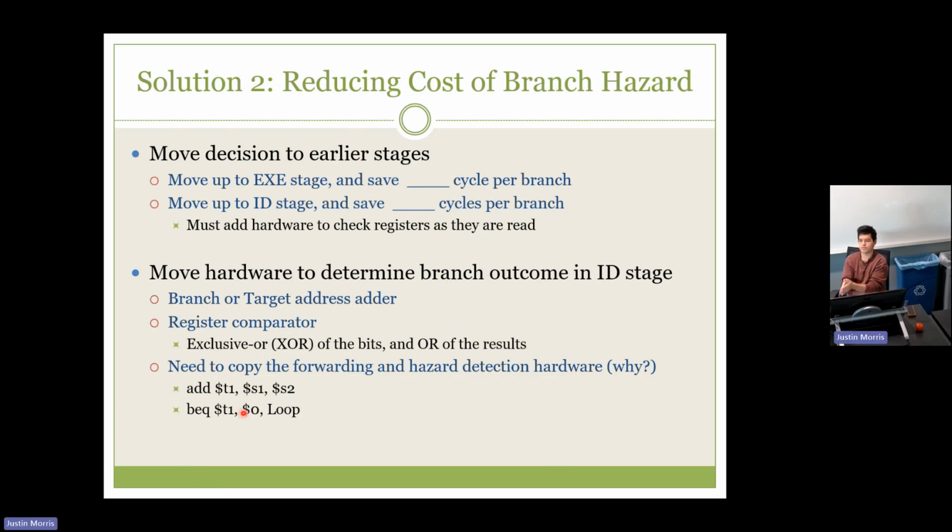For the branch, if we resolve in decode, we need the information in decode, right? But if we have an R-type and then immediately the branch, when the branch is in decode, the R-type instruction is in execute. So we don't have the result yet. So we need to stall, right?